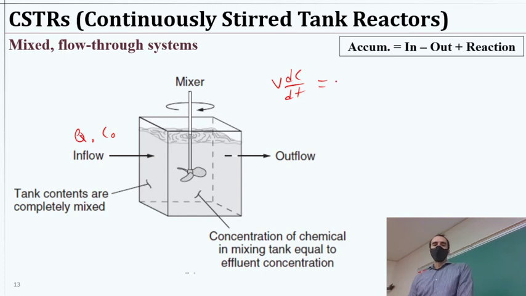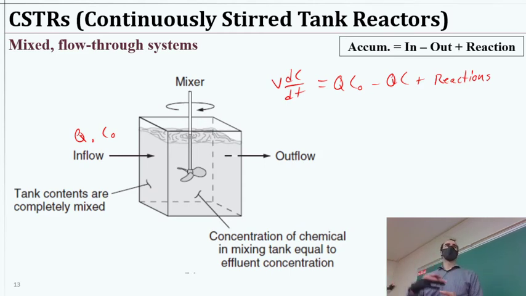So anyway, in this case, that would be Q C naught minus Q C plus whatever reactions are happening in that volume. I'm just going to write this as reaction now. Again, we'll come back to this next time. That could be a decay reaction, in which case we'd have a minus whatever, and that would be that.